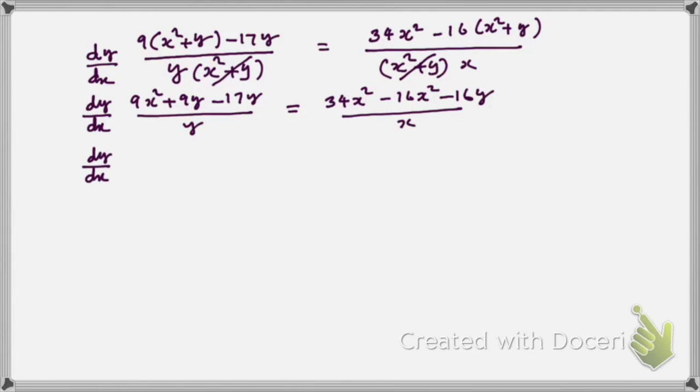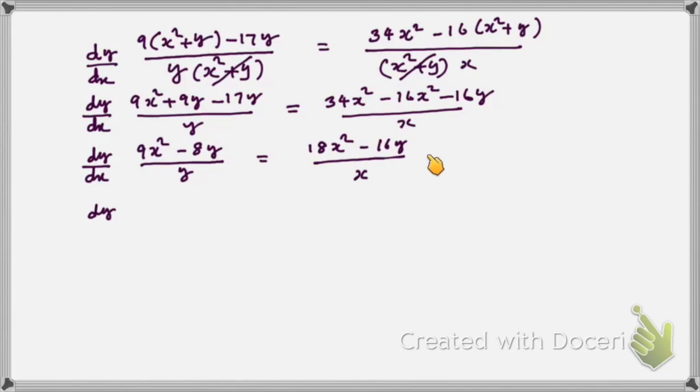Then I open the bracket. So 9x square plus 9y minus 17y, only y in the denominator, equals 34x square minus 16x square minus 16y by x, which on simplification is (9x square minus 8y) by y equal to 34x square minus 16x square, which is 18x square minus 16y by x.